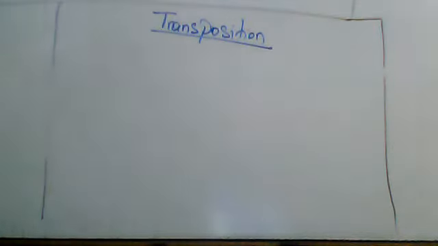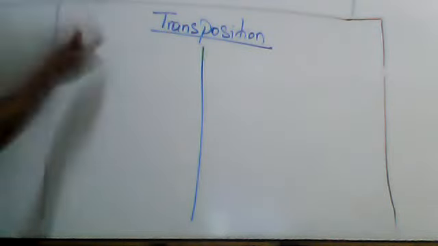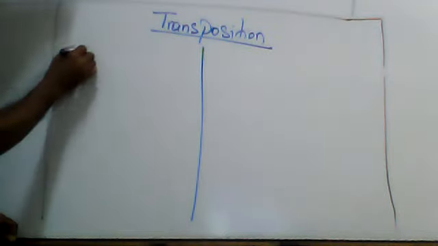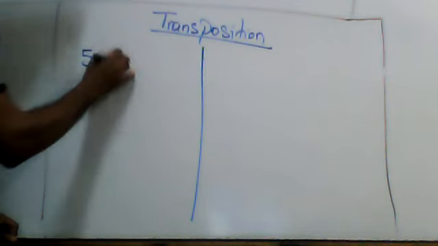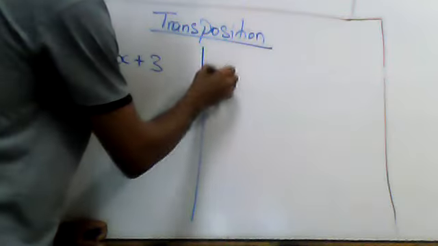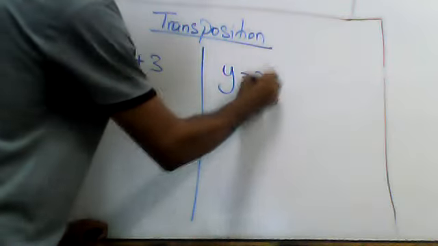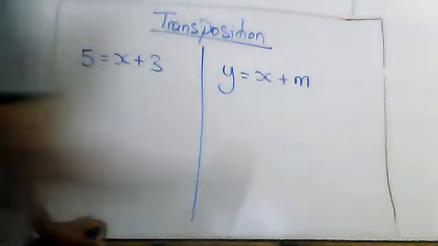So let's see if I can redo this. Let's say we had a question like 5 is equal to x plus 3, and we have y is equal to x plus, let's say m, for example.